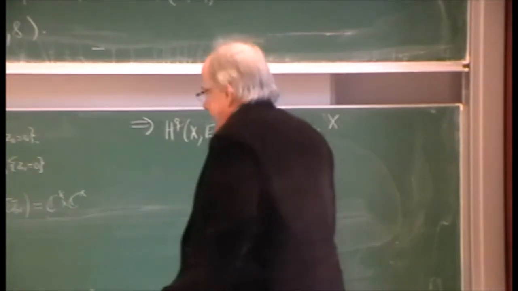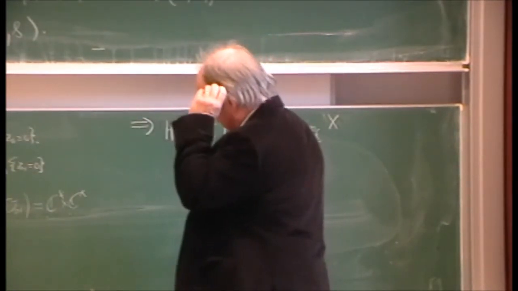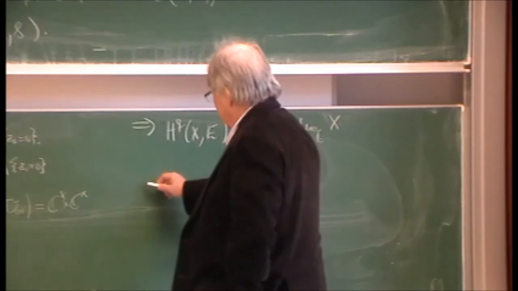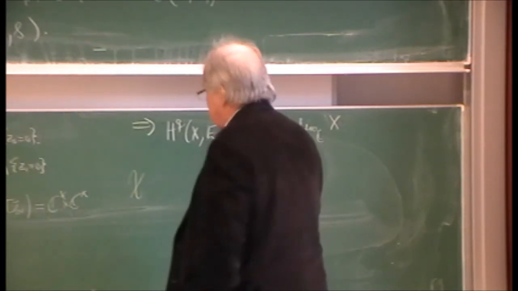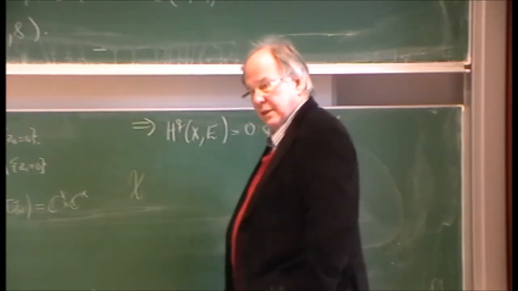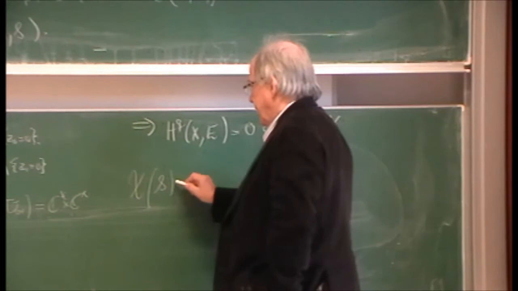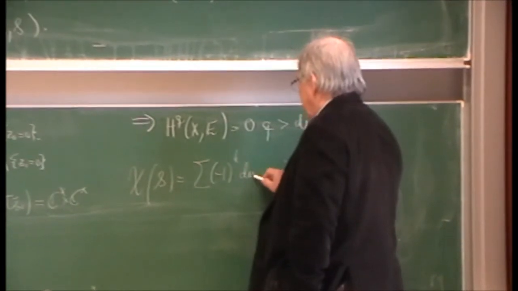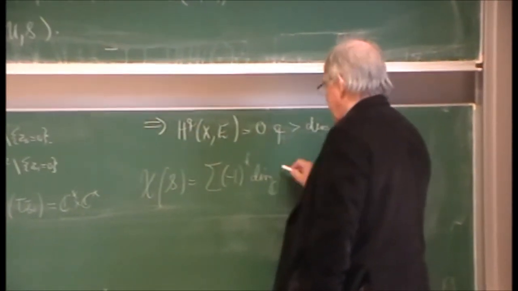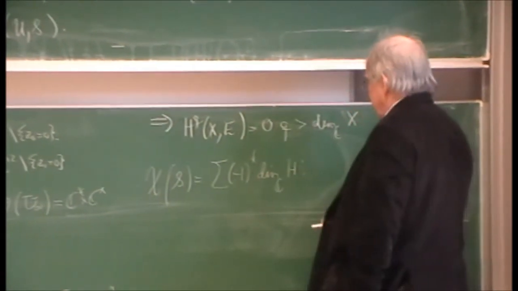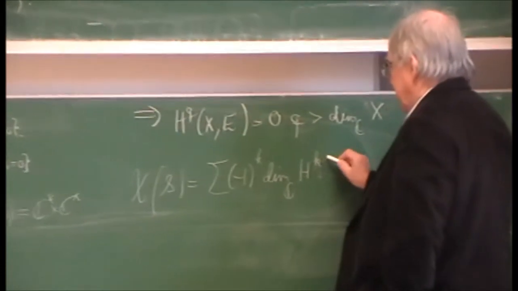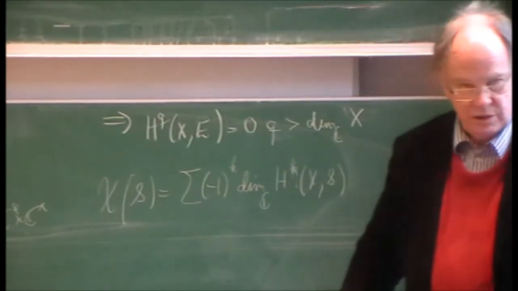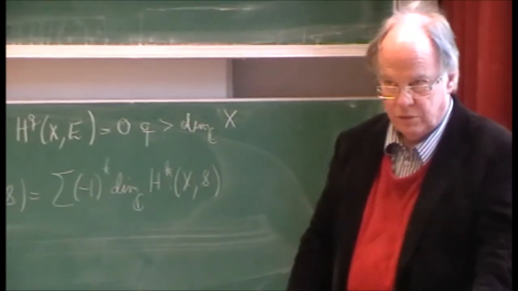Great. So now, if you have a short exact sequence of sheaves, and you have the long exact sequence of cohomology, what you want to do is introduce something called the Euler characteristic of the sheaf, and that is the sum, as you might guess, of the alternating sum of the dimensions, complex dimensions of these things as vector spaces, H^k of S. So the dimension of the zeroth thing minus the dimension of the first thing plus the dimension of the third thing.